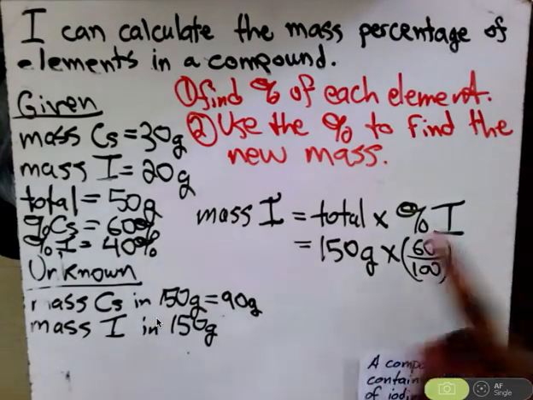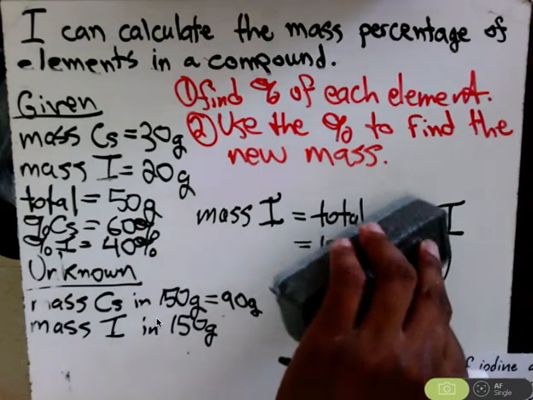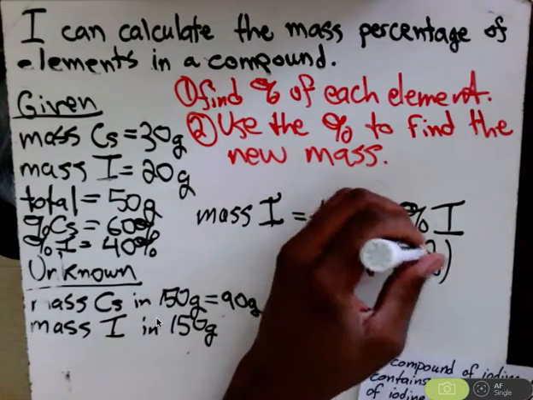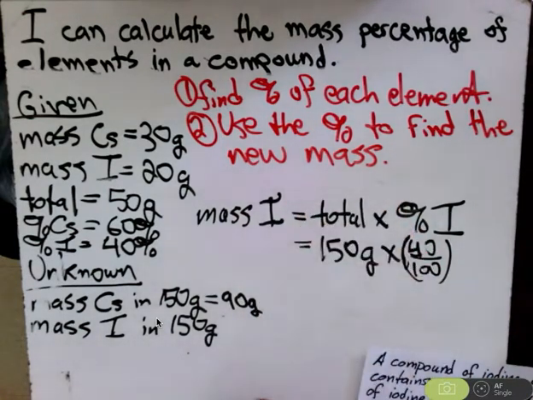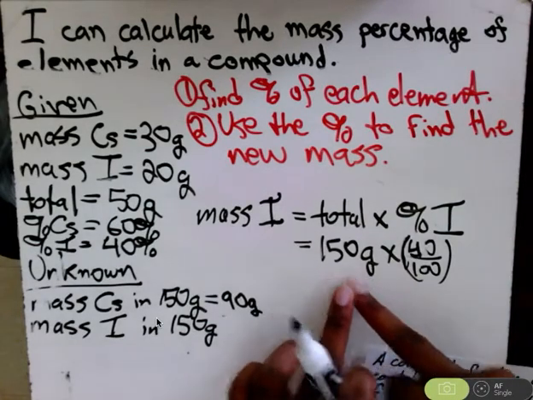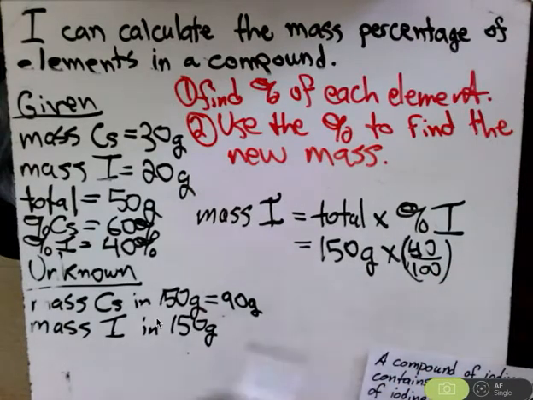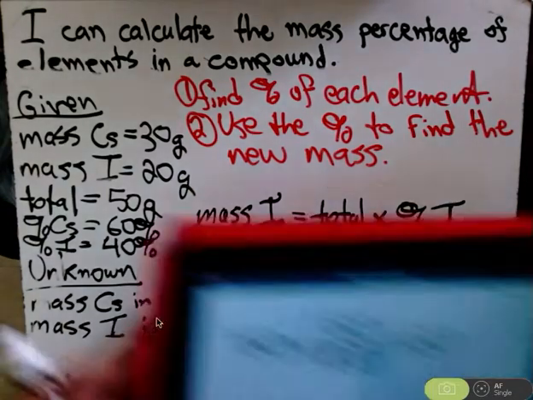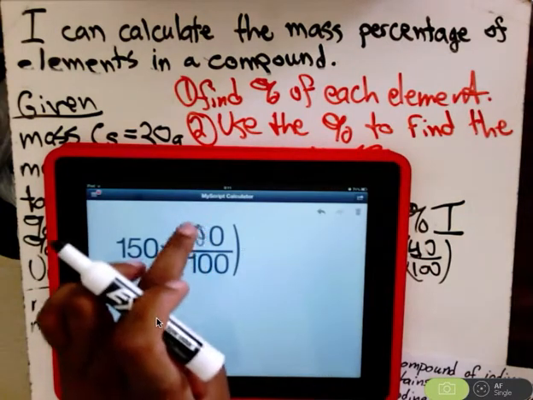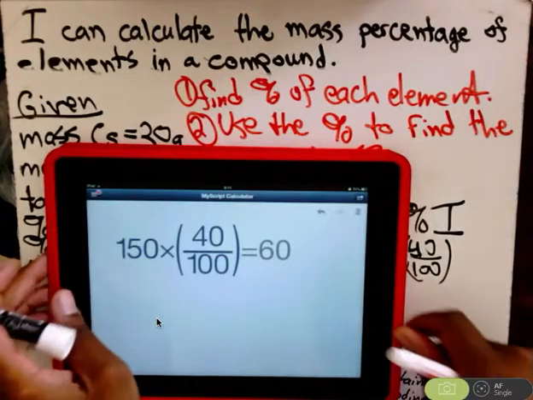Our percent of iodine, we got it here, 40%. So we're going to say 150 grams times 40 out of 100. And that will give us 60 grams.